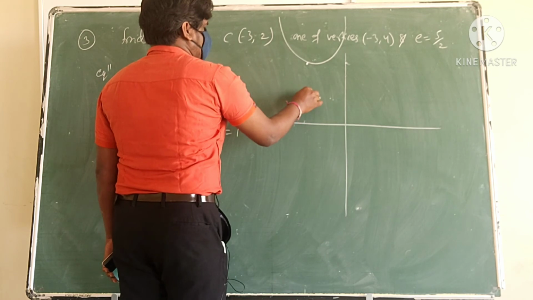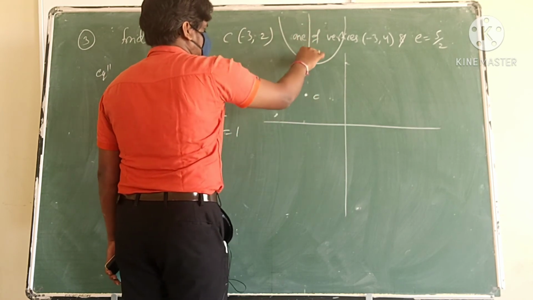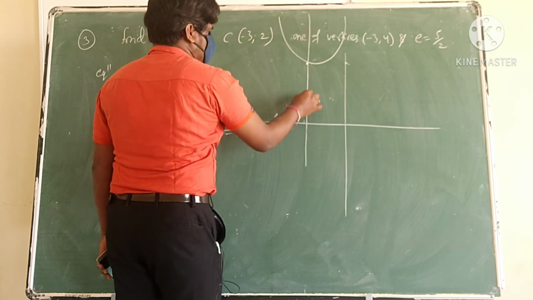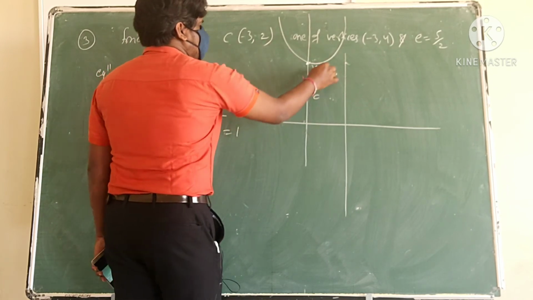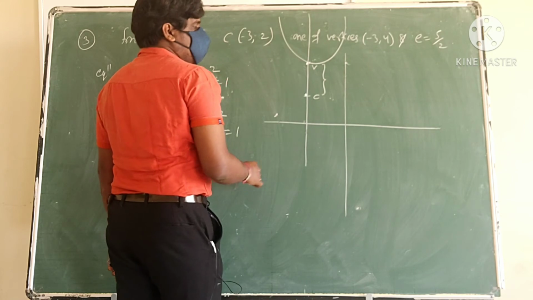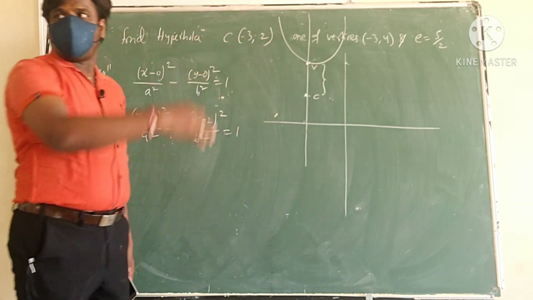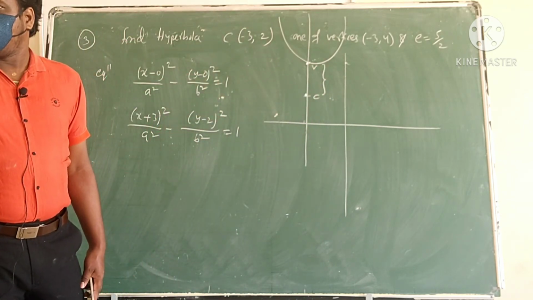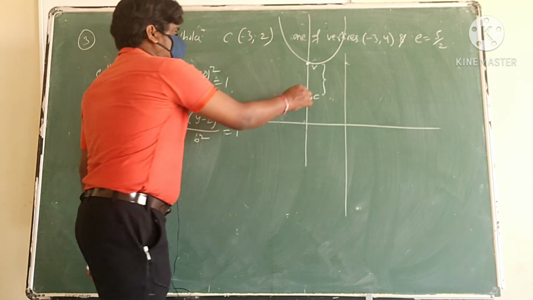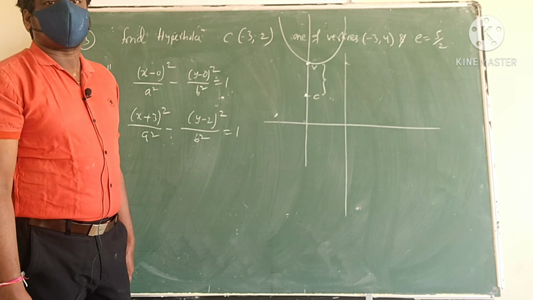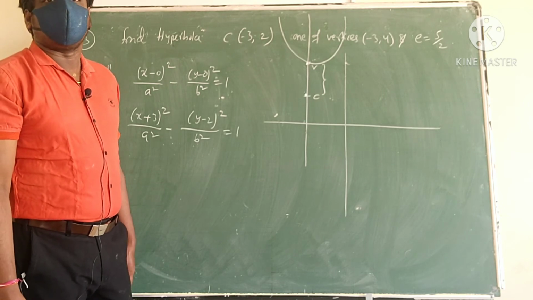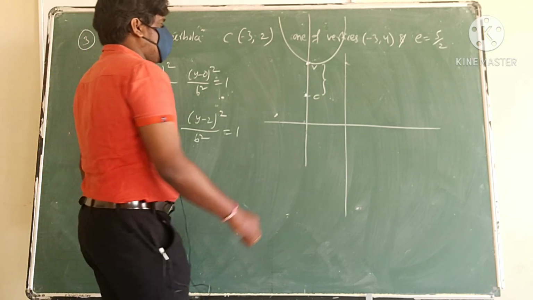This is the center of the hyperbola. The focus will be like this. This is the center. This is the vertex. So the distance from here to here, it's a conjugate axis. So the length from here to here is how much? B. So this length is B.